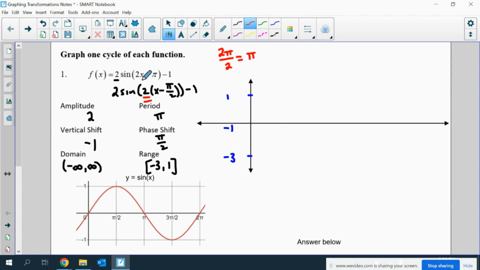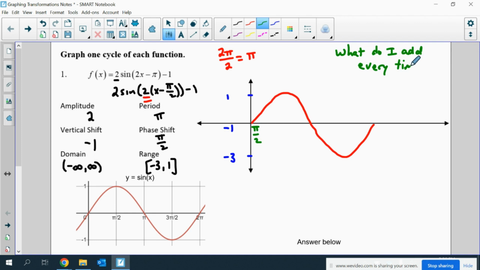Then, if I'm graphing this, sine, as evidenced by the picture, which will show up on all of these slides, is looking something like this. Then I have to put 5 x value points on my graph. There's a phase shift of pi halves, so I start with pi over 2. And if I want to figure out what I add every time, I always add the period divided by 4.